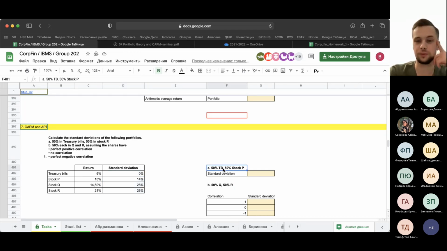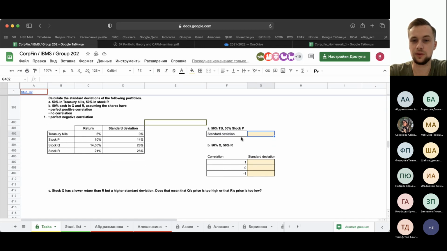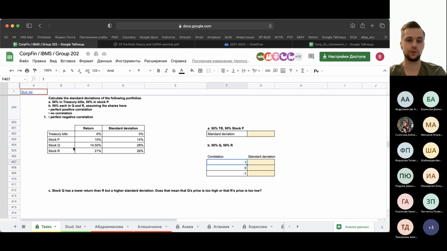One portfolio will be 50% in treasury bills and 50% in stock P. The second is 50% in stock Q and 50% in stock R. For the first portfolio, we should calculate one standard deviation. For the second, we should calculate it in 3 variants, assuming that the correlation between stock Q and stock R is 1, 0, or -1.